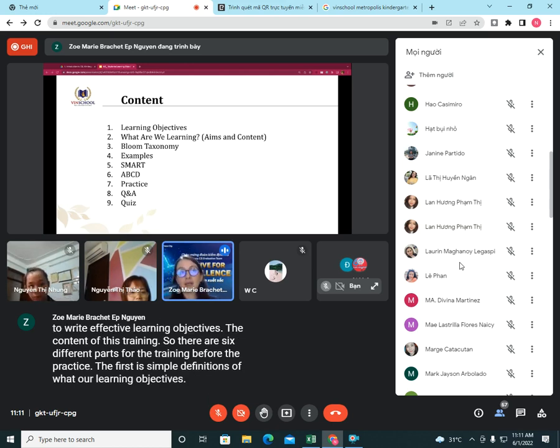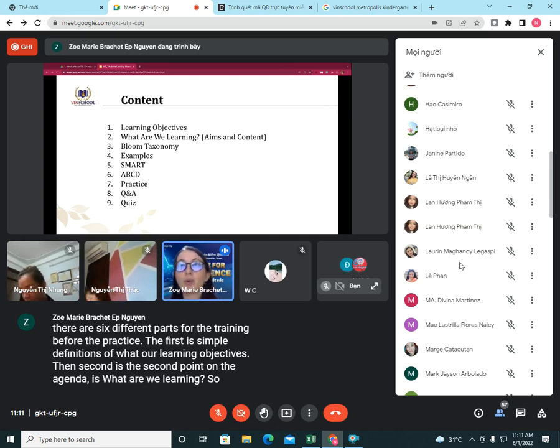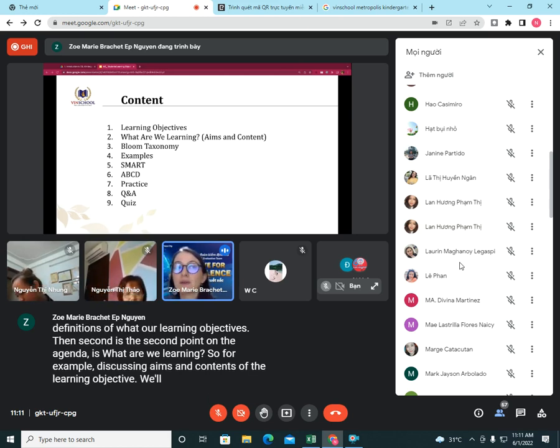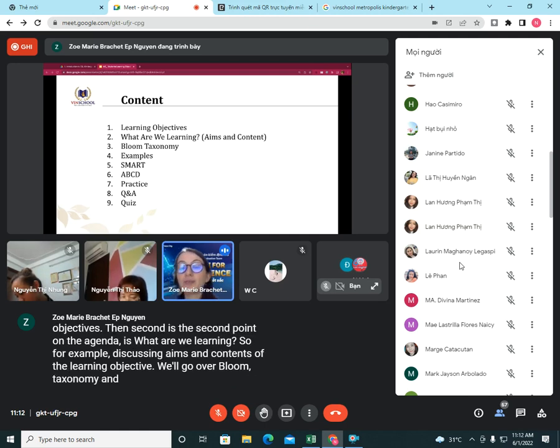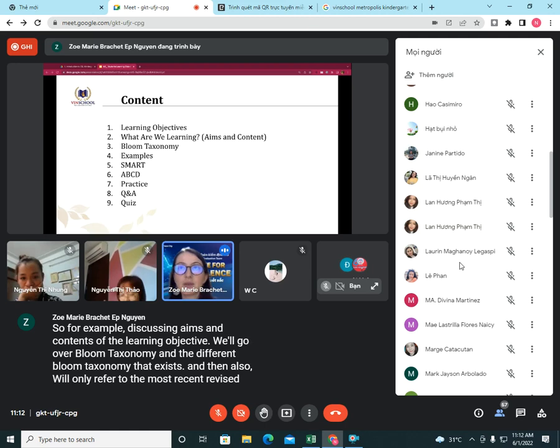Then the second point on the agenda is what we are learning, for example, discussing aims and content of the learning objective. We'll go over Bloom's taxonomy and the different Bloom's taxonomies that exist. And then we will only refer to the most recent revised Bloom's taxonomy.